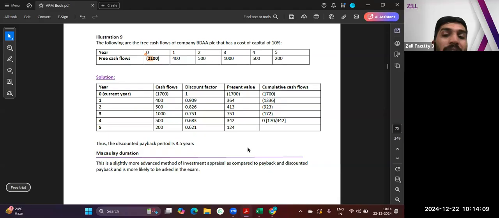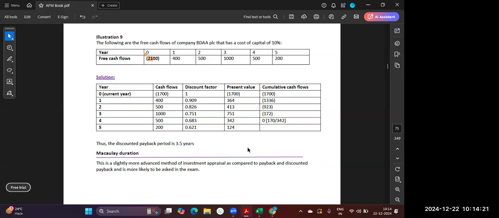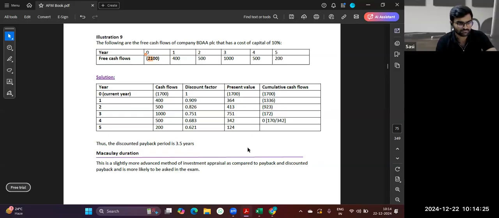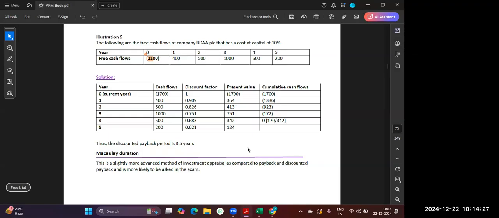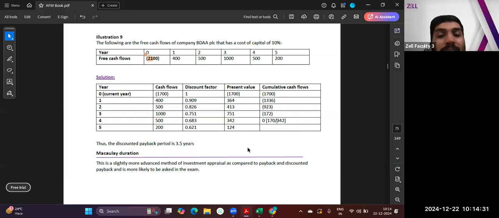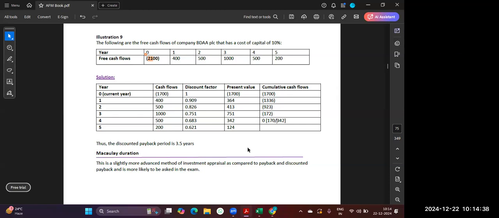Now understand this. Next year you need just 172 to recover your initial investment. But next year, how much are you making? 342. So 172 divided by 342 is how much? 0.5.